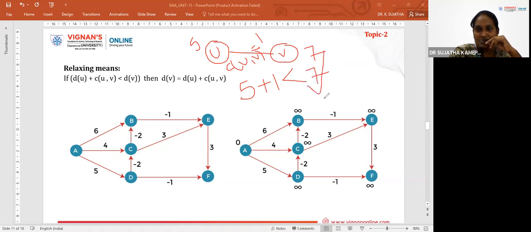If this condition is true, what becomes the distance of v? 6. Since this condition is true, the distance of v becomes 6. That is, this 7 is updated as 6.